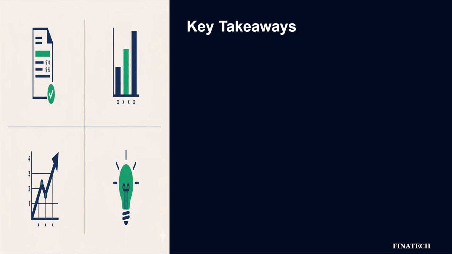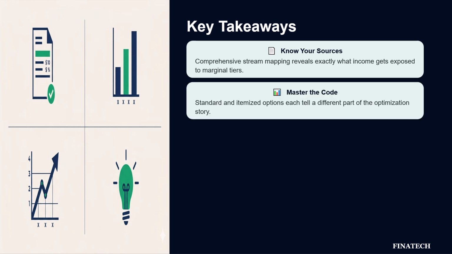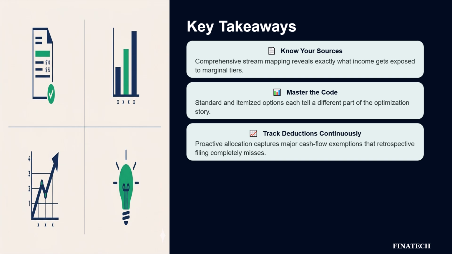Let's take a takeaway. Know your sources. Comprehensive stream mapping reveals exactly what income gets exposed to marginal tiers. Master the code. Standard and itemized options each tell a different part of the optimization story. Track deductions continuously.